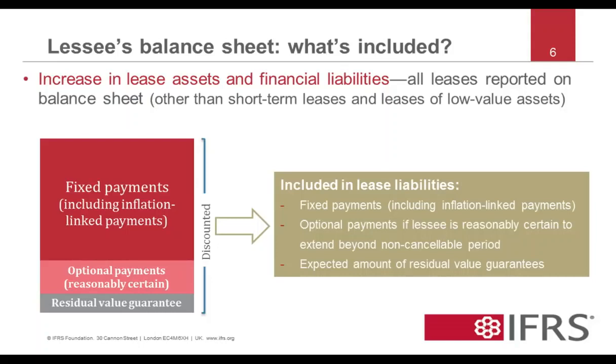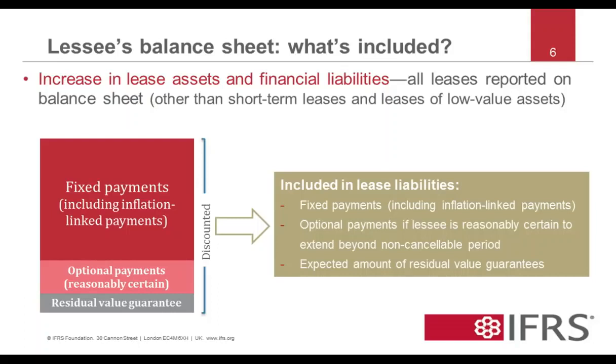Firstly, all fixed payments are included. Fixed payments are all those that are unavoidable by the lessee. These include, for example, any inflation-linked payments, because these are unavoidable and do not depend on any future activity of the lessee. Secondly, the lease liability also includes any optional payments if the lessee is reasonably certain to make these payments.